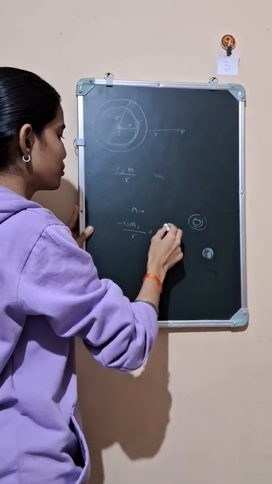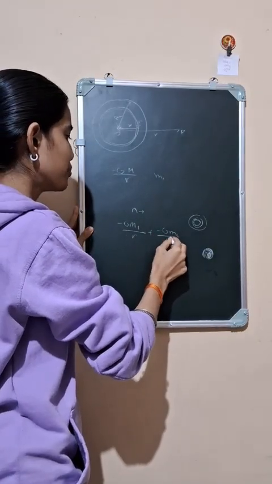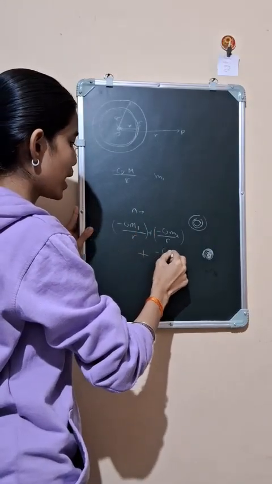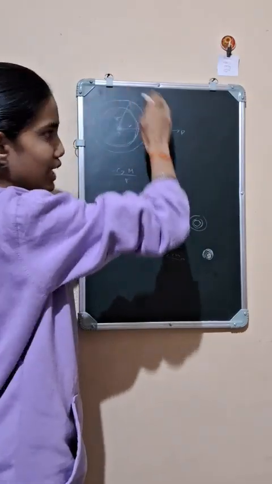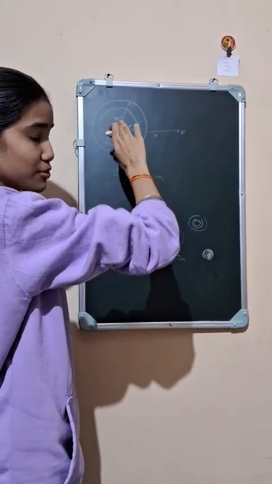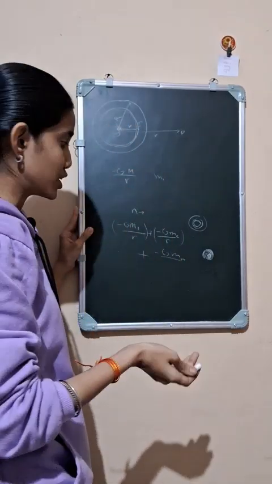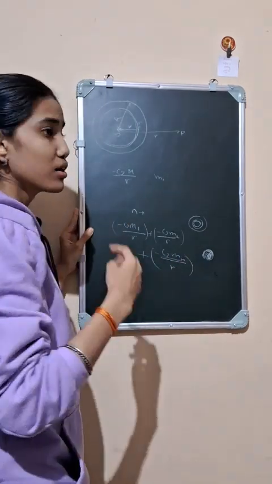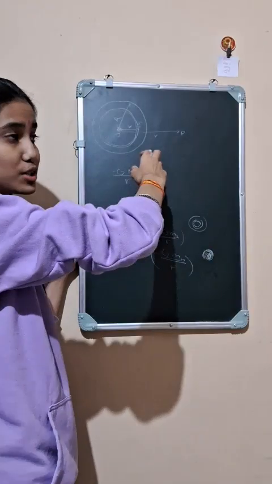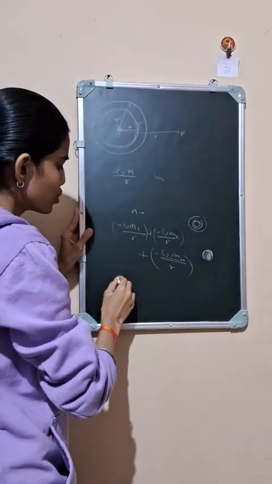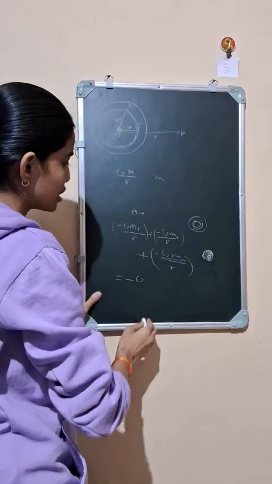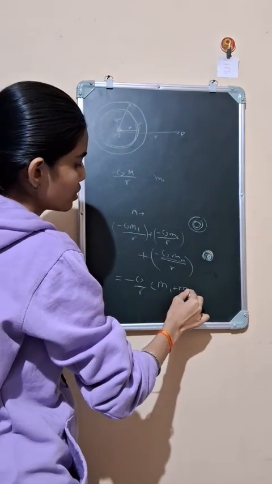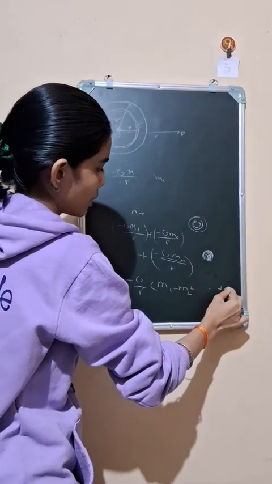For the second one it will be minus G m2 by r, till minus G mn, meaning from the first shell to the last spherical shell, the total potential due to this solid sphere will look something like this, which will be equal to, if I take common, minus G by r, we will get m1 plus m2 plus dot dot dot mn.